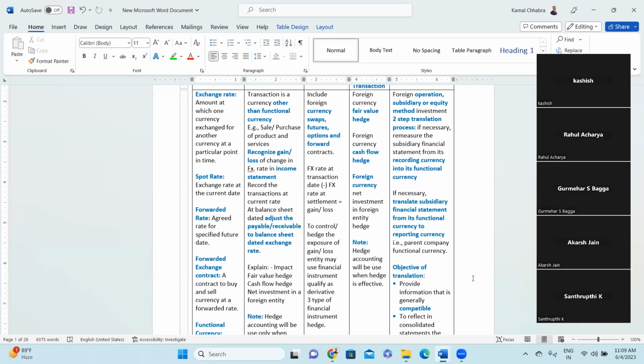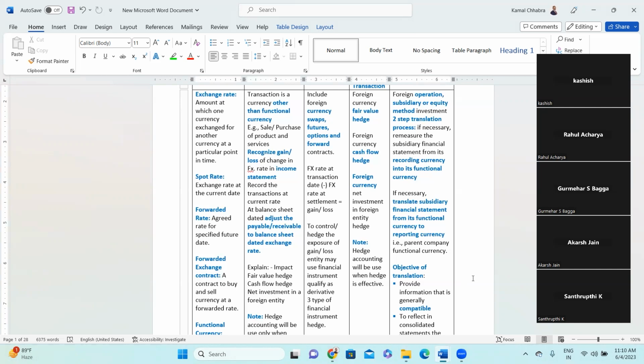That means, for example, today let's assume the exchange rate of US dollar to INR is 82 rupees per dollar. Kashish has given me an Apple MacBook Pro worth, let's assume, $1,500. I said I'll pay you at the rate of 83 rupees per dollar after 60 days.